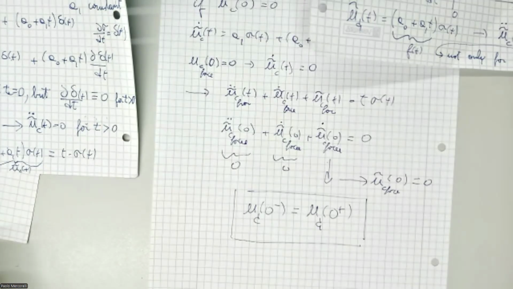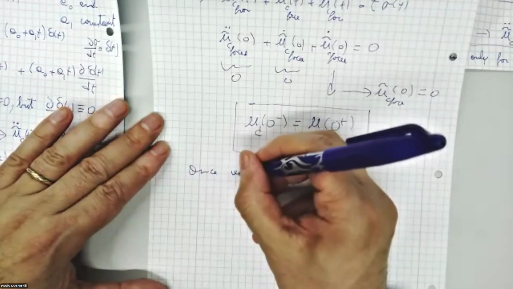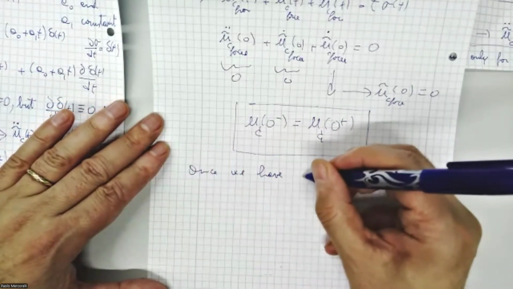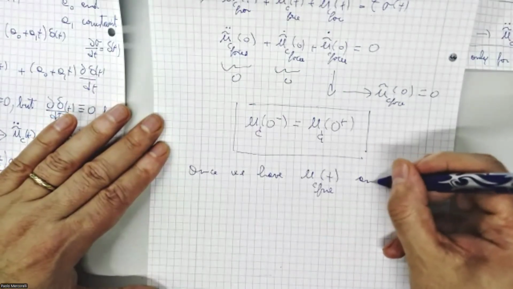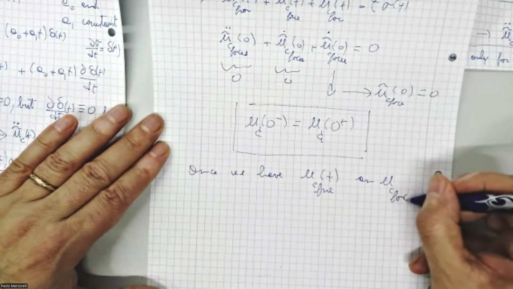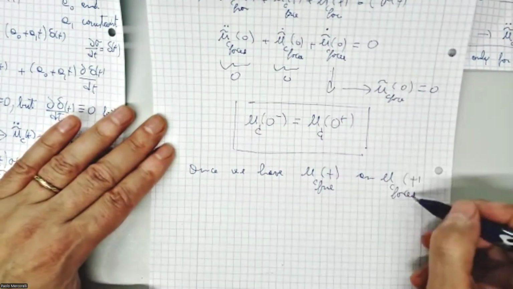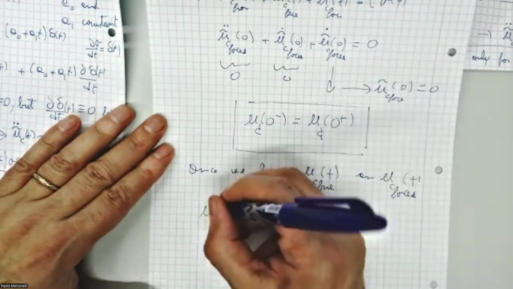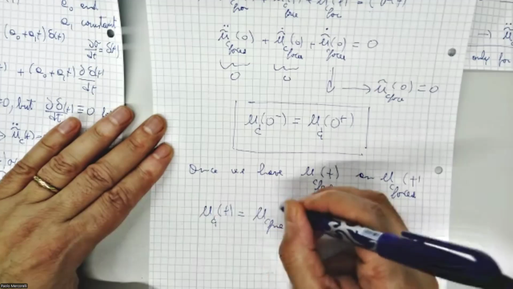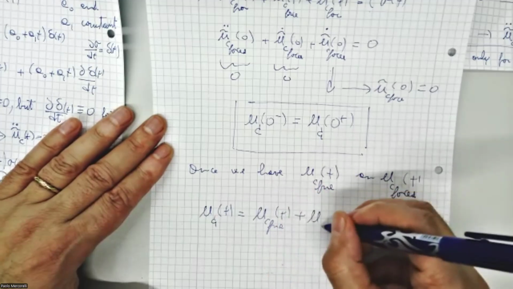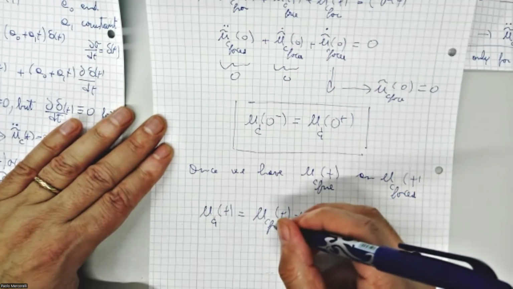We concluded here saying that once we have uC free of t and uC forced, which I didn't calculate until the end but we did many times in the last weeks, uC in general equals uC free plus uC forced.